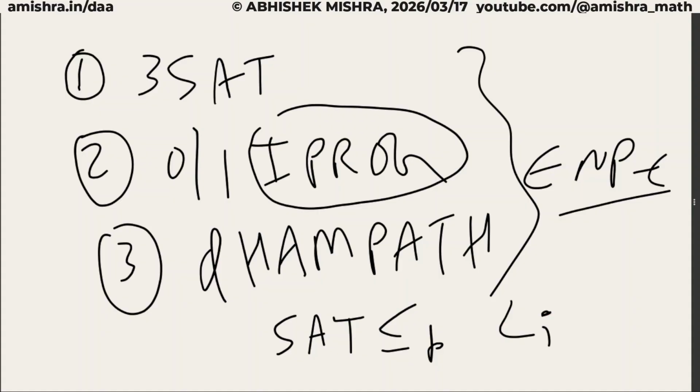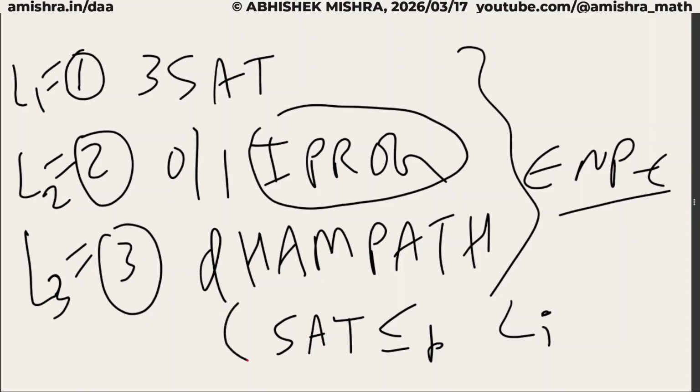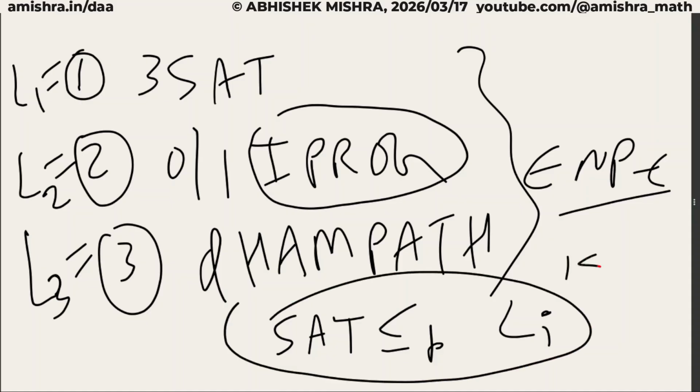Take these as L1, L2 and L3. For all i equal to 1 to 3, for each case we will prove that satisfiability reduces in polynomial time to Li.